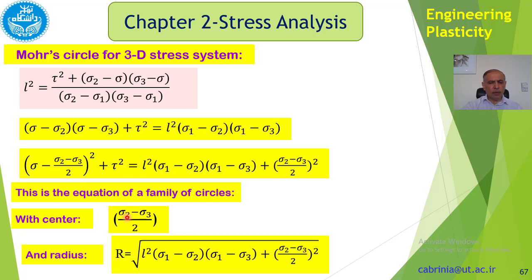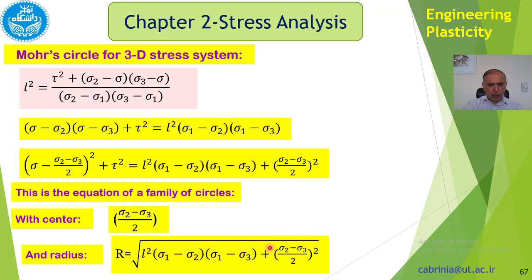So tau is 0 in here, and we got sigma equal to sigma 2 minus sigma 3 divided by 2. So we don't start at the origin. The center of the circle is not on the origin. Right. And the radius is this.